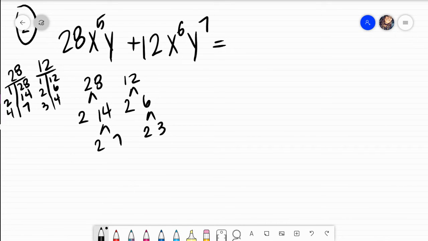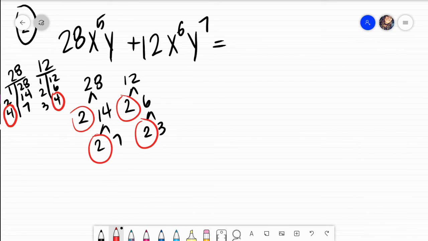Okay, so now looking at the factor tree, the greatest common factor, greatest, largest, biggest, is a 4, correct? Looking at my prime factorization, y'all, what do they have in common? They both have a 2. And then look, they both have another 2.